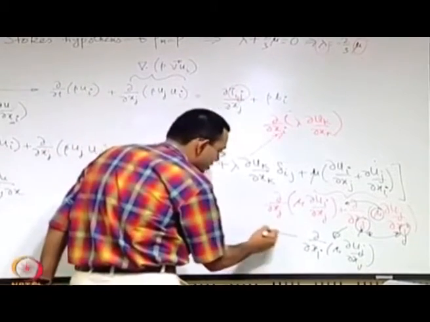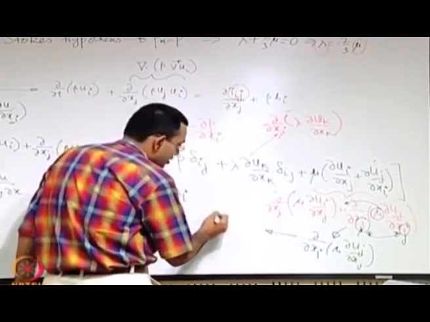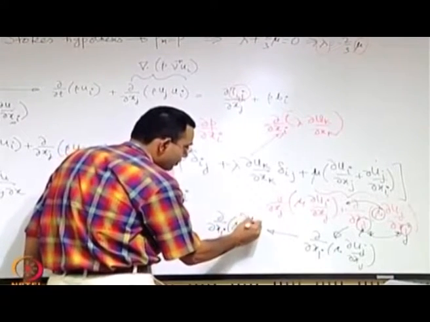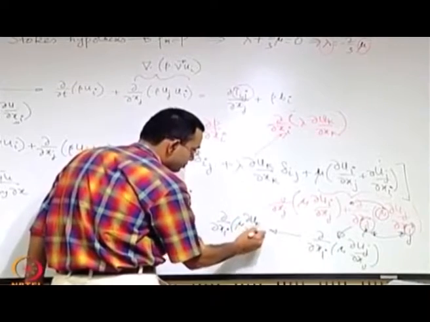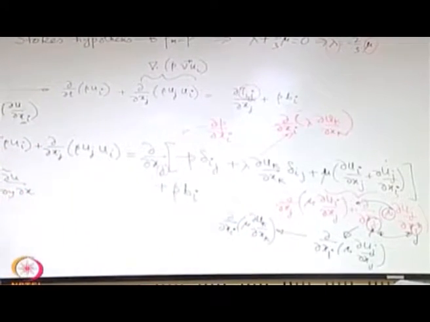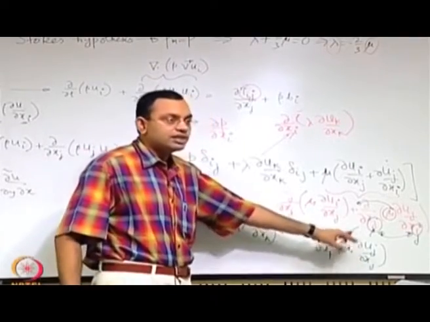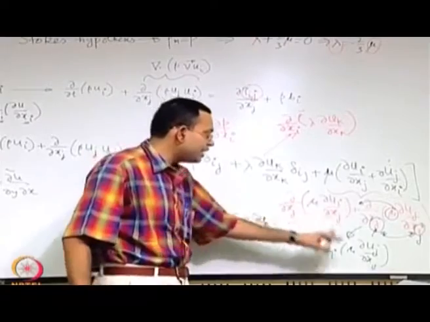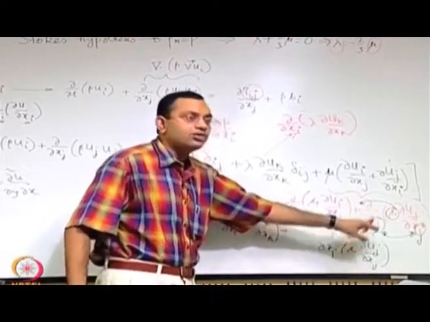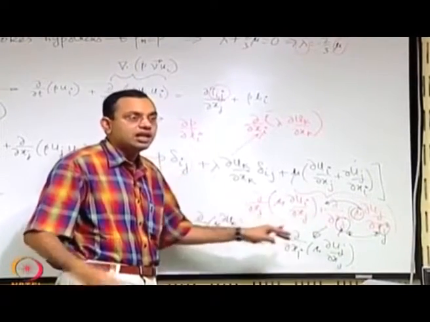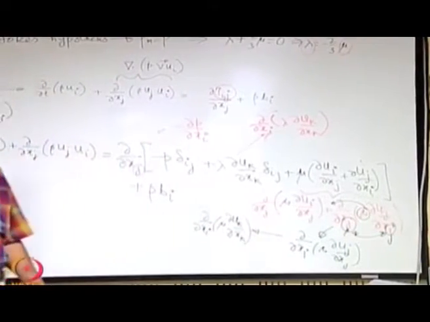This, is it possible to write it in this way, mu into, you replace j with k, yes or no? Yes, because this j is a dummy index, so there is a summation over that from 1 to 3. So basically you are substituting 1, 2 and 3 and adding, it does not matter what name you give to this j, k, l, m, whatever. So this is called a dummy index.